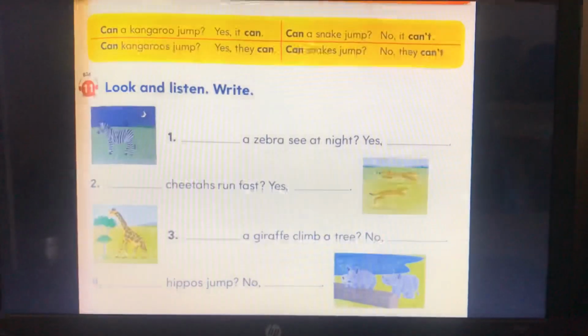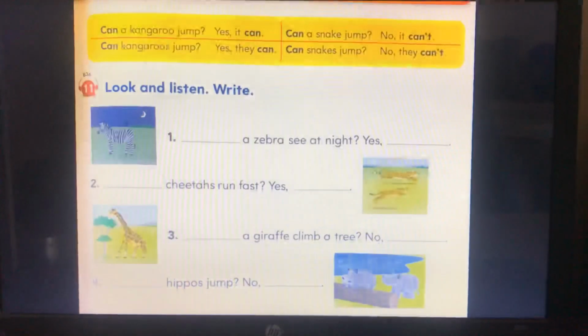Now, let's look at number 2. Blank cheetahs run fast? Yes, blank. Right here again, we have 2 blank spaces. Now, I'll give you a couple seconds to figure out the answer. That is correct.